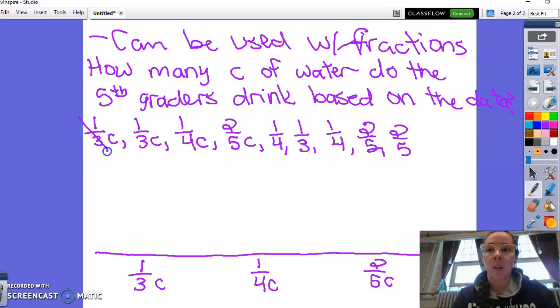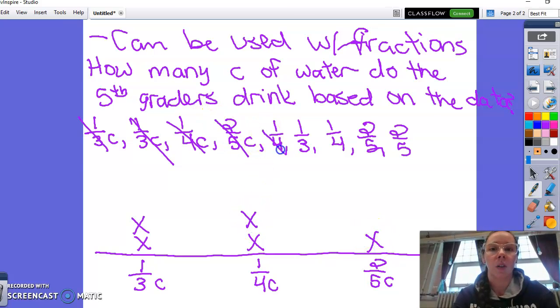Here's a 1/3, so I put an X. Here's a 1/3. Here's a 1/4. And it's easiest just to go in order, I think. That way none of them get skipped. Here's a 2/5, a 1/4, a 1/3, a 1/4, and 2 2/5 in a row.